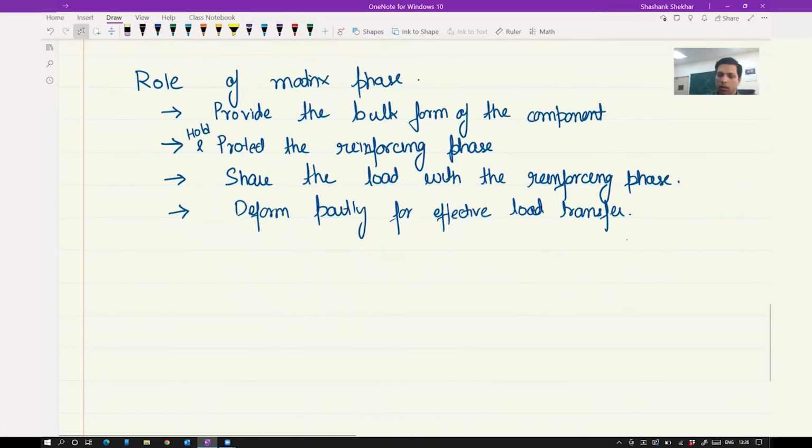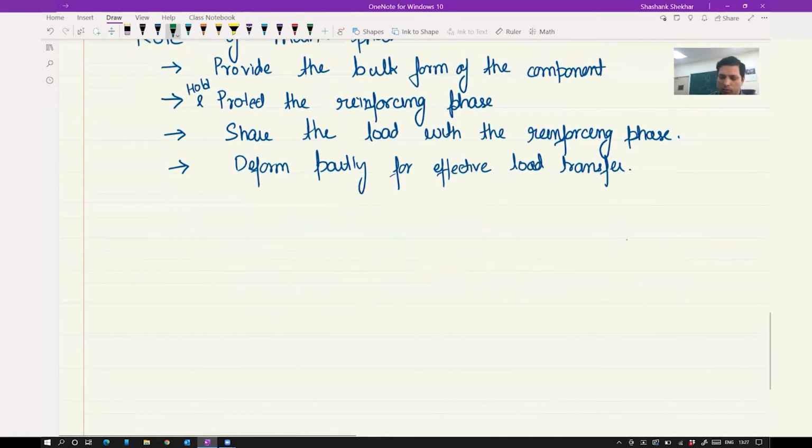Now, these are the roles or the purposes of a matrix in a composite. Now let's look at the roles that the reinforcing phase is supposed to play.